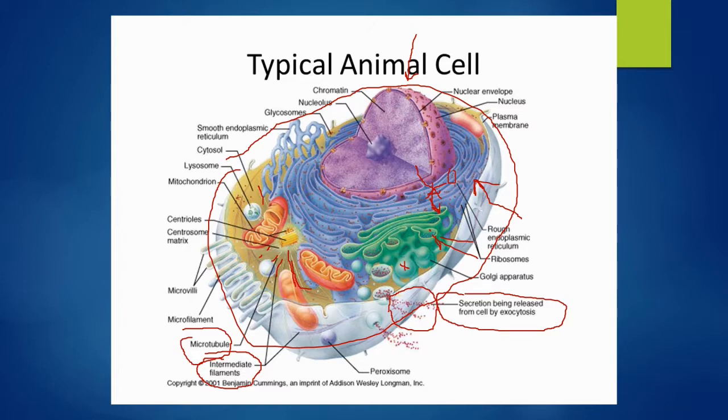There's also microfilaments that compose the cytoskeleton. And so if we take a close-up look at the cytoskeleton, we can see that the cytoskeleton extends the entire interior structure of the tendon cell.